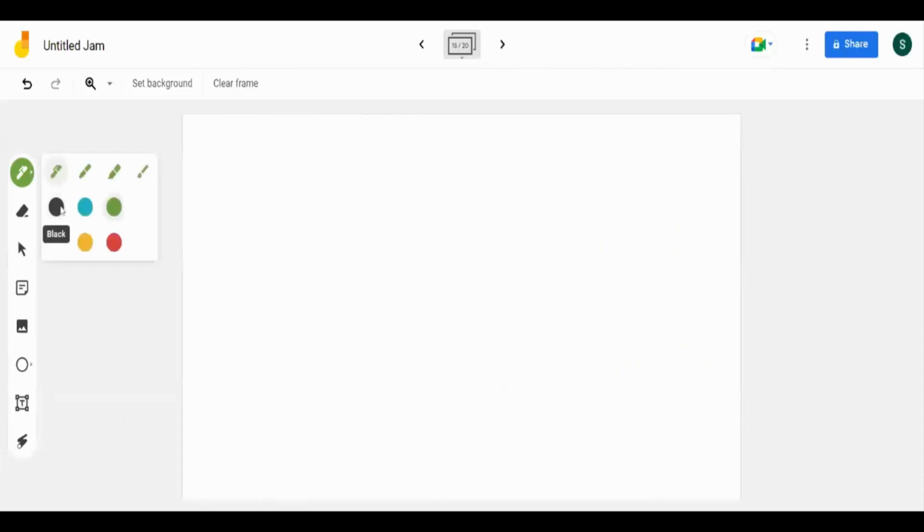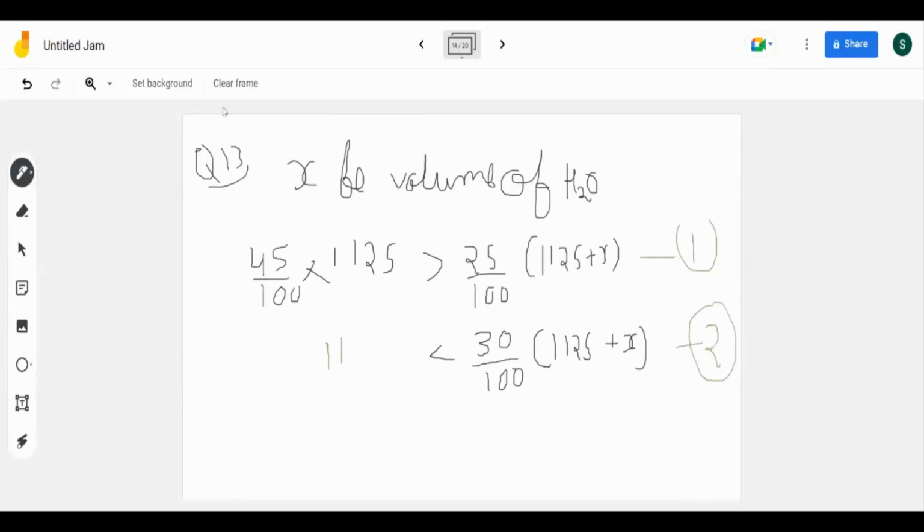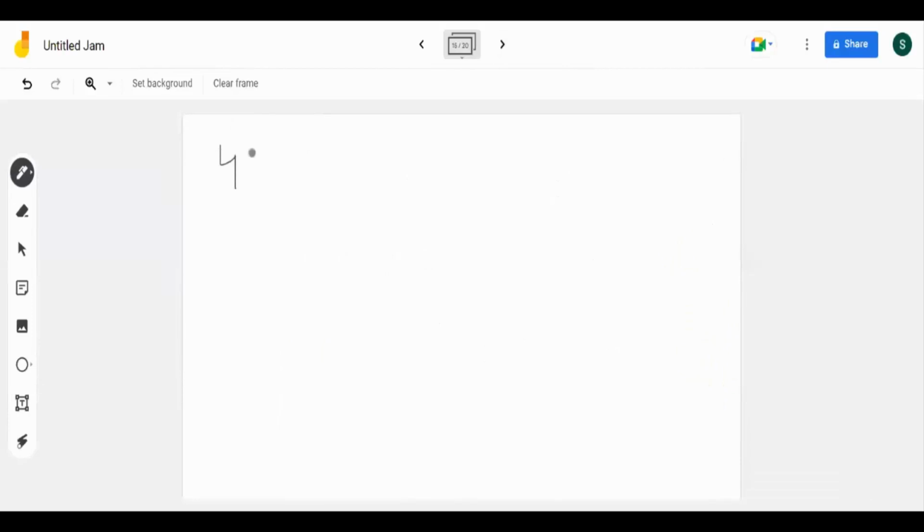So let us solve this inequality. The first inequality is basic. We can cancel the 100, and you can see 45 into 1125 is greater than 25 into 1125 plus x. Let's divide by 25.